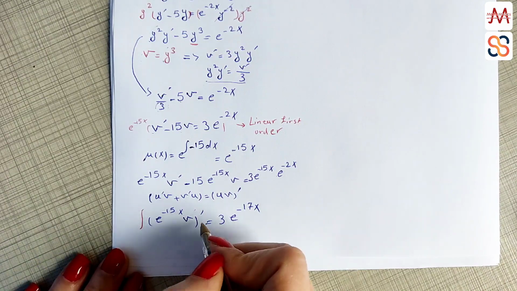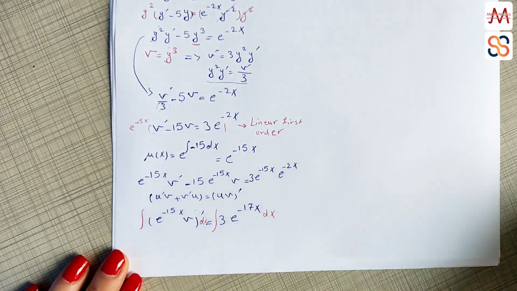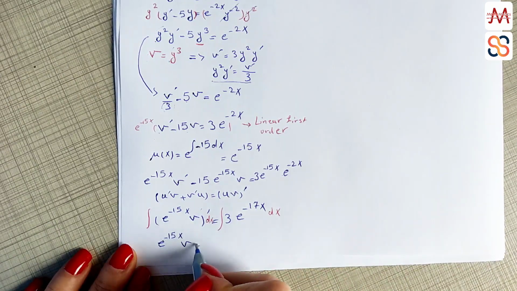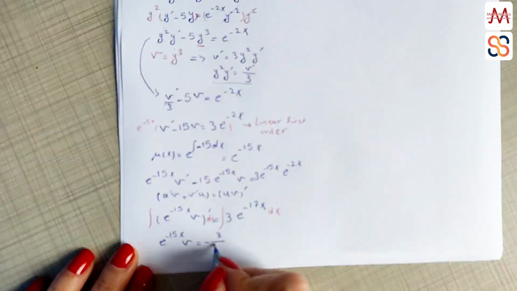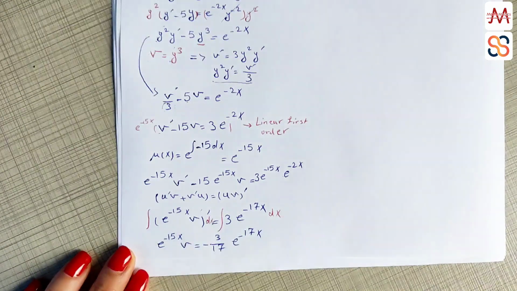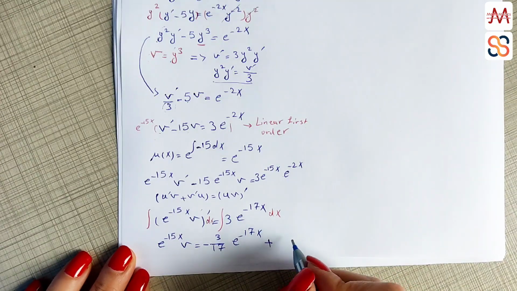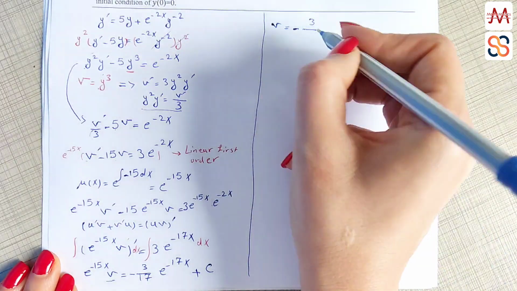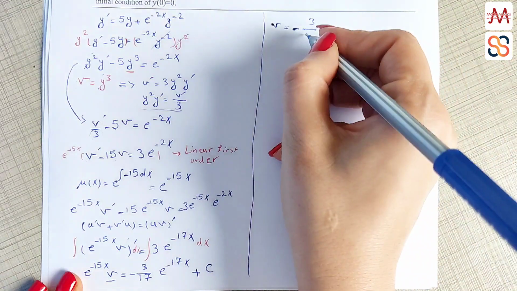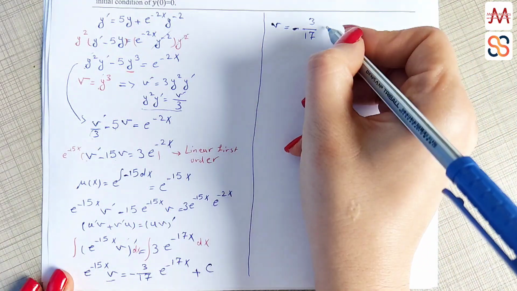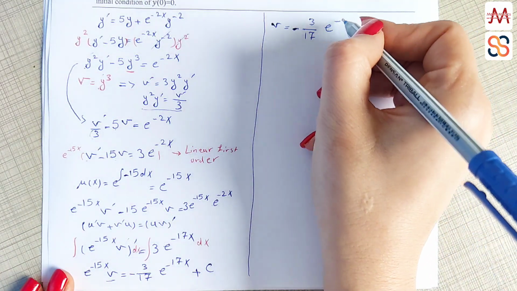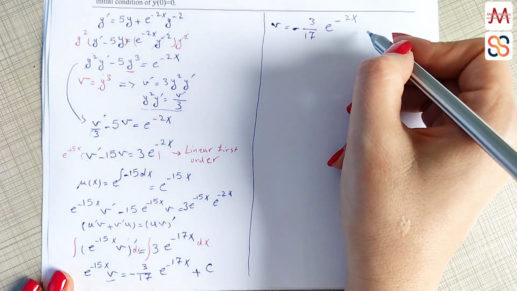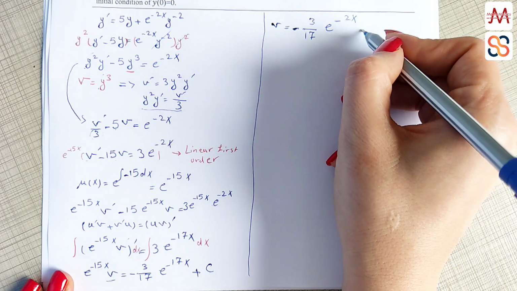By integrating both sides, we will have now if we multiply both sides by e to the power of positive 15x, we can remove e to the power of negative 15x from left side.